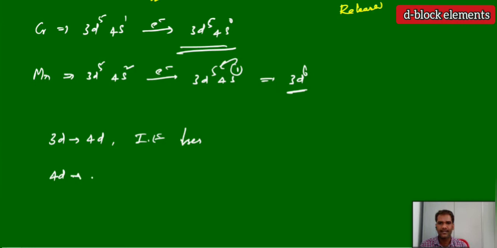Then from 4d to 5d, we know that top to bottom, the Z effective value increases, effective nuclear charge increases, but size is almost the same. That is why, top to bottom, 4d to 5d, ionization energy values increase slightly.